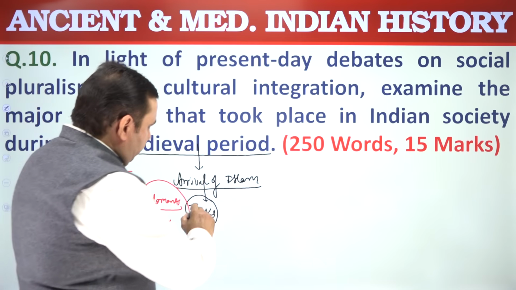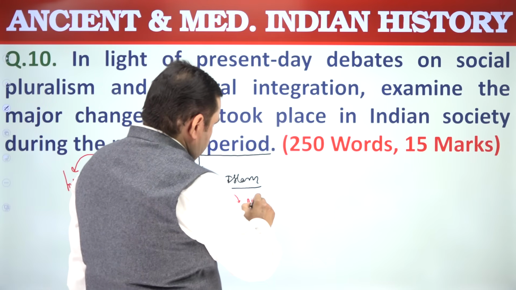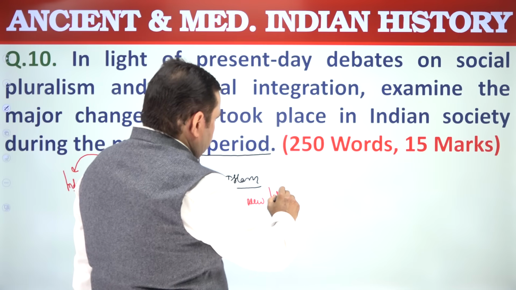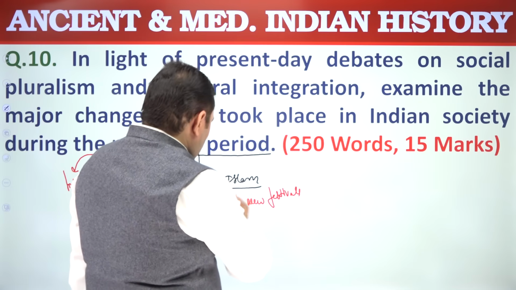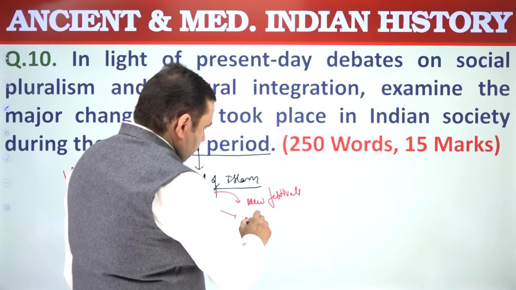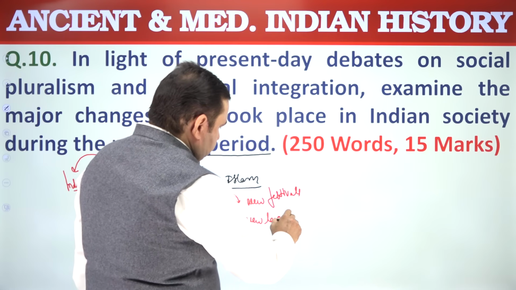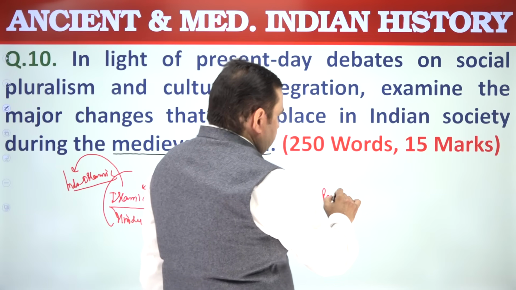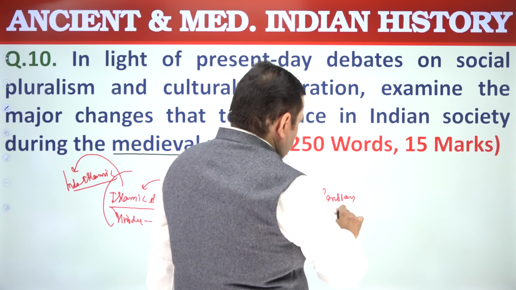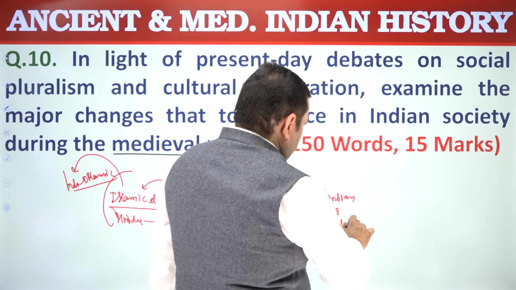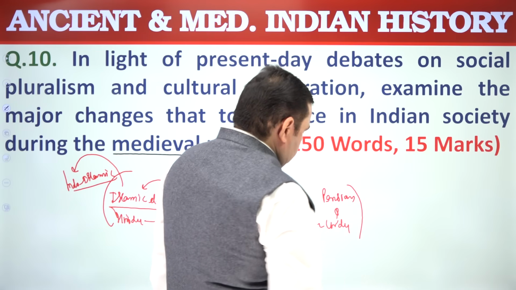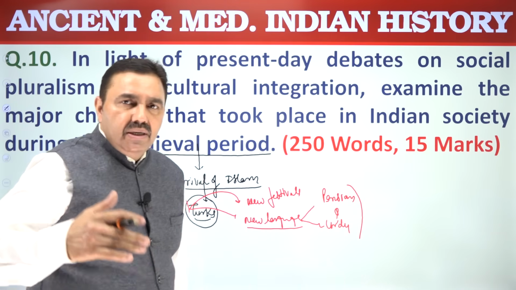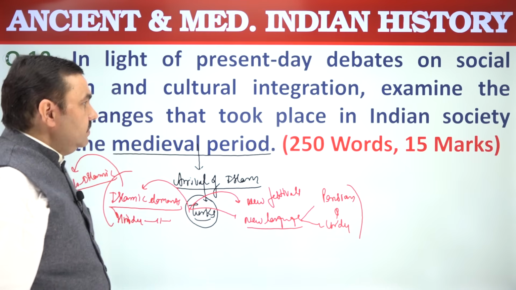Then you find here new festivals like Eid, and a new language, Persian, brought to India by Turks. Persian plus Hindi gave birth to the Urdu language. So new languages emerged during medieval times. Urdu was a result of Hindi and Persian language assimilation.